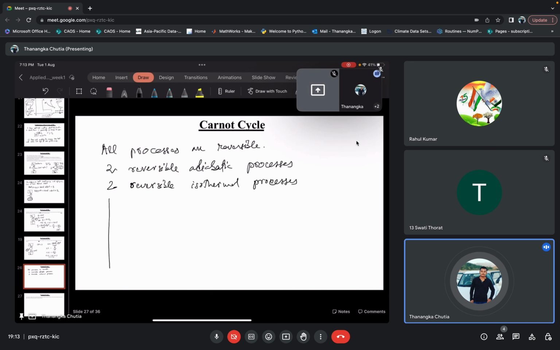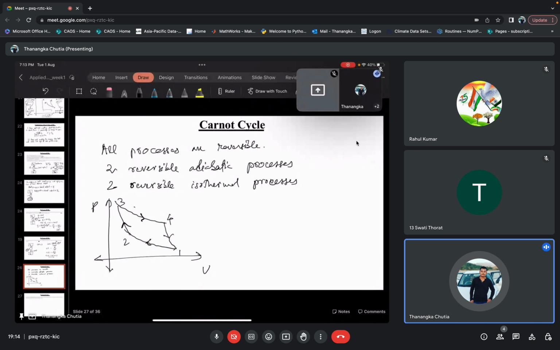Okay, now if you want to draw the PV diagram, can you tell me which two will be your reversible adiabatic processes and which two will be your reversible isothermal processes?